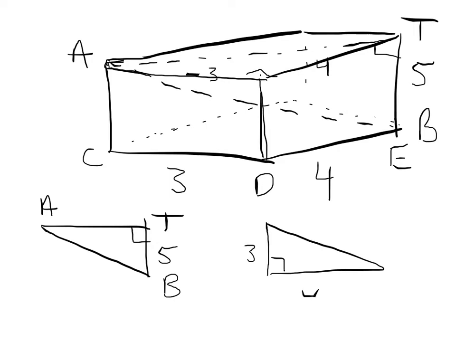So a 3, 4, 5 right triangle. That length is 5, and that length, again, is segment AT in that rectangle that's in the top of the box. So that's a 5 here.